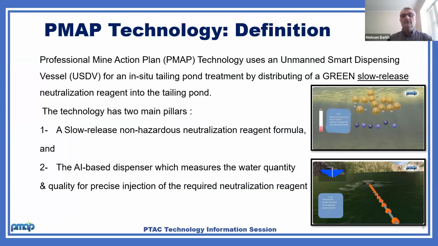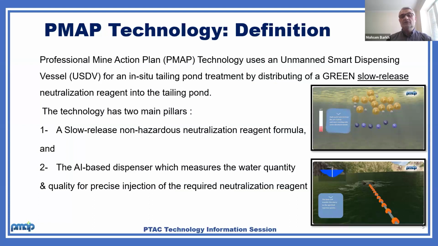In PMAP, we define the technology as the use of an unmanned smart dispensing vessel for in-situ tailing pond treatment, distributing a green, non-hazardous, slow-release reagent into the tailing pond. Our technology has two main pillars.